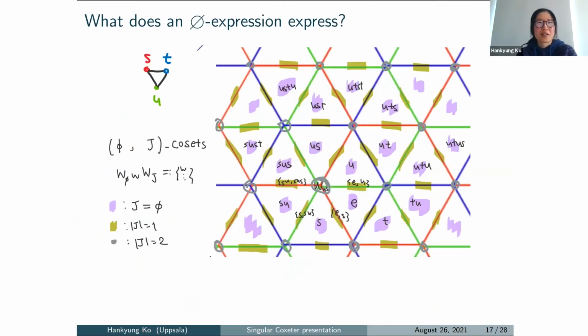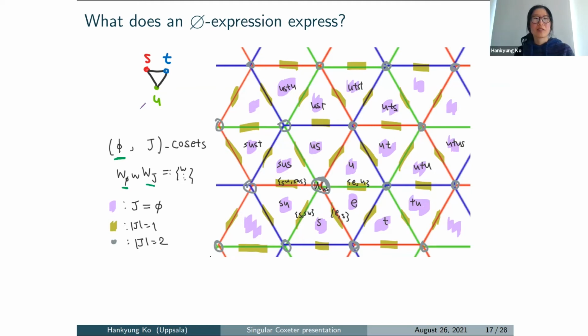And now I do it by fixing what's on the left. So in this picture, you always have W empty, which is the trivial subgroup on the left, and on the right, you can have any finitary subsets.